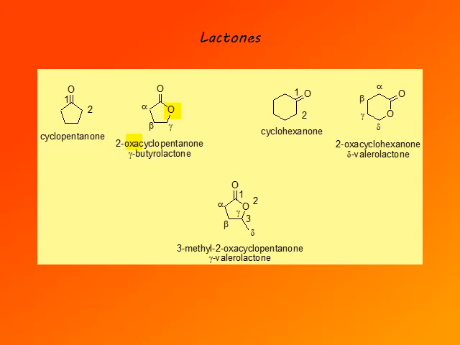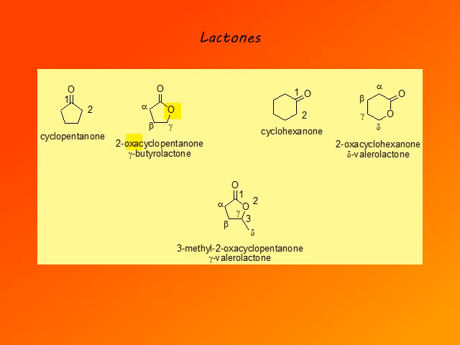Trivial nomenclature is descriptive. It names these compounds as lactones. So we use name of the corresponding carboxylic acid, of course trivial name, since this is trivial nomenclature. And we actually don't use name of the acid with number of carbon atoms in the ring, but name of the carboxylic acid with the longest chain. And some of those carbon atoms may be outside the ring. You will see an example like that later.